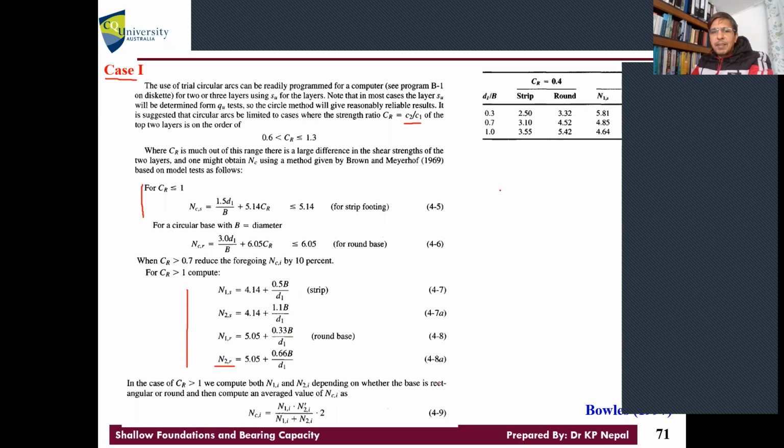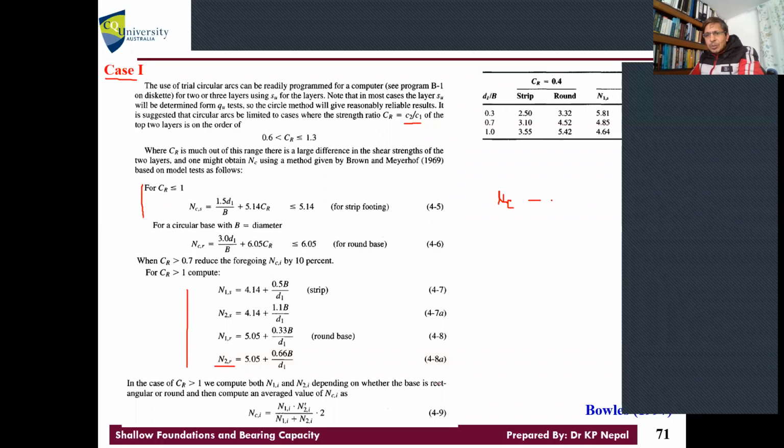You see the first term in the equation, Nc? You need to use the first one. For cohesive soil, the other factors are Nq and N gamma, which are not applicable. Nq is 1 and N gamma is 0, right? So the other two terms will not come into effect. Only the first term.